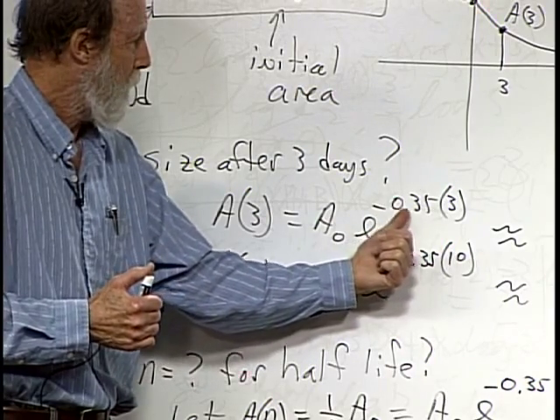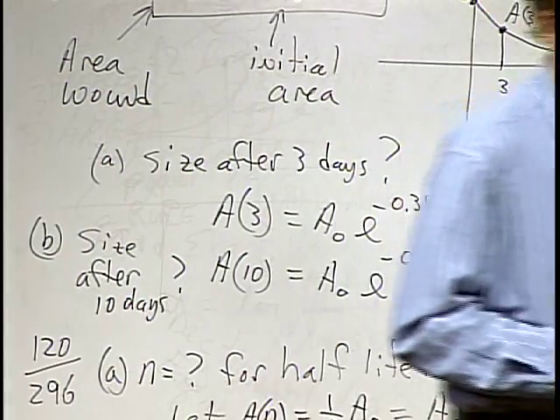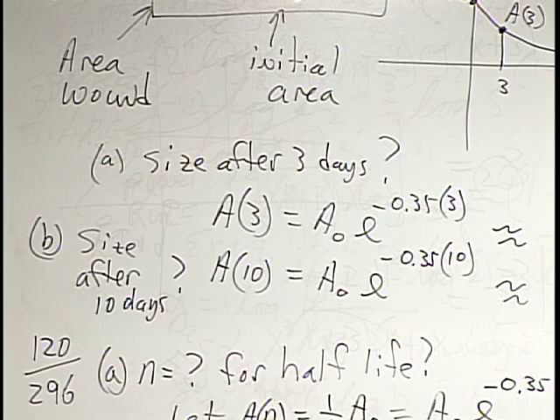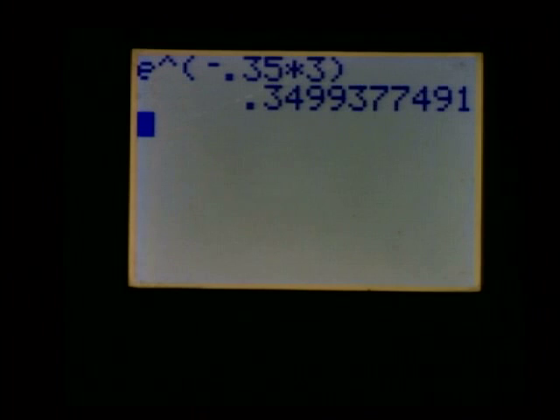E to the minus 0.35 times 3. So we'll do this back here on the home screen. E to the negative 0.35 times 3. And we have that value. And while we're at it, let's punch E to the negative 0.35 times 10.